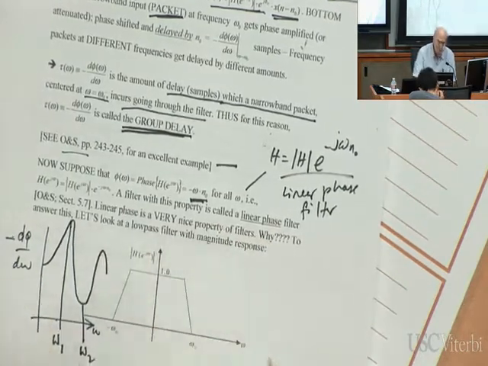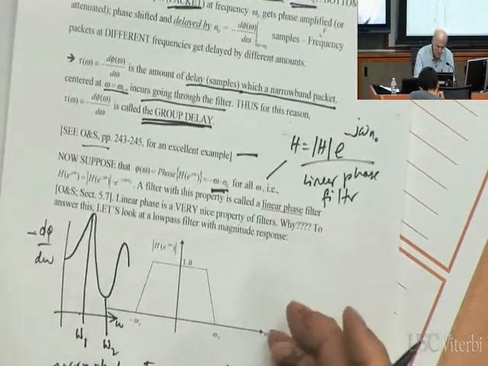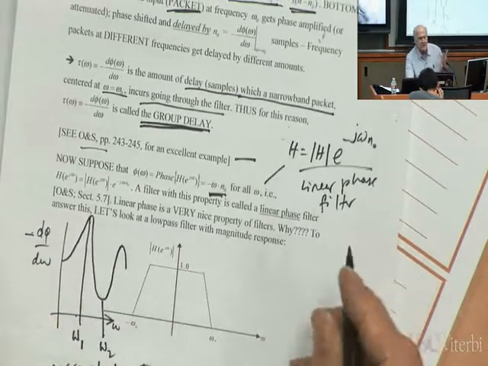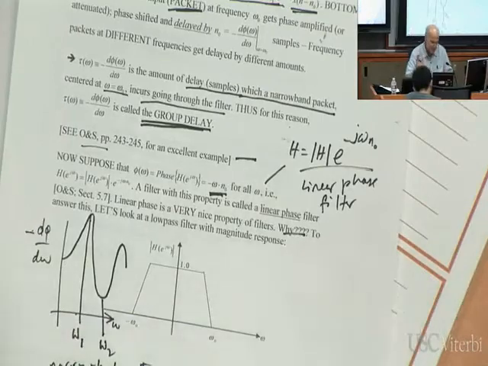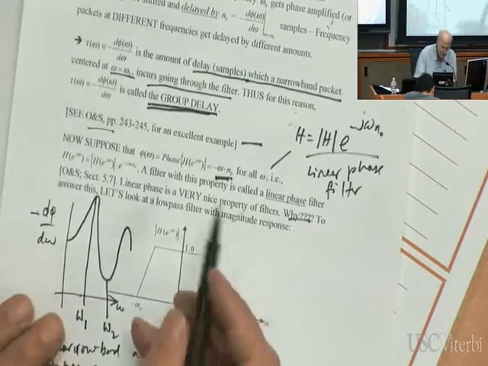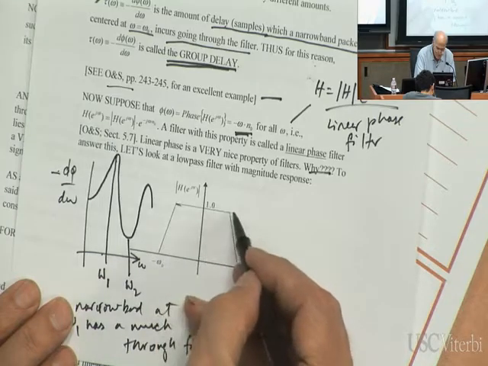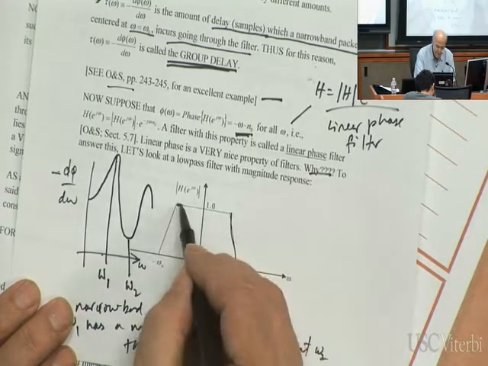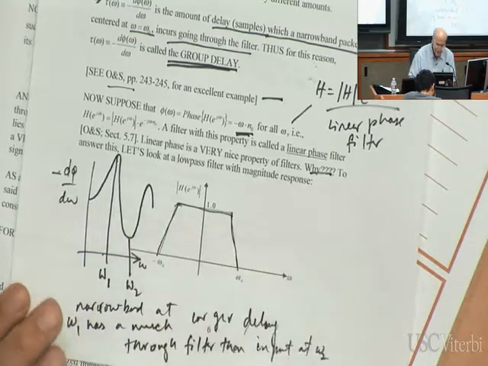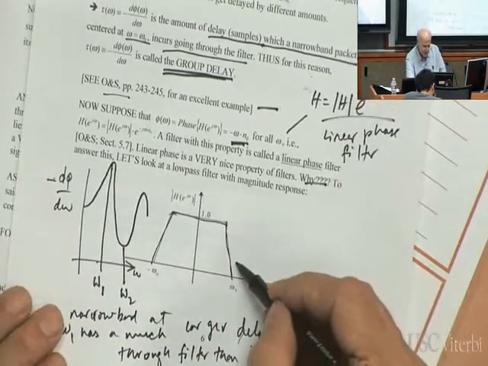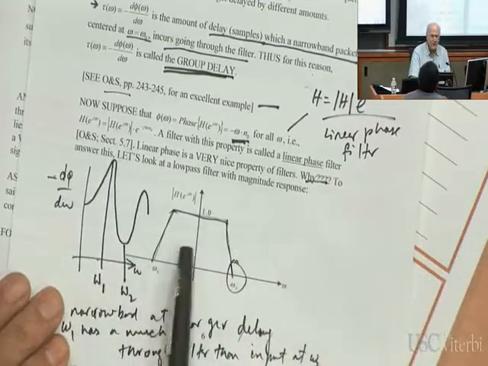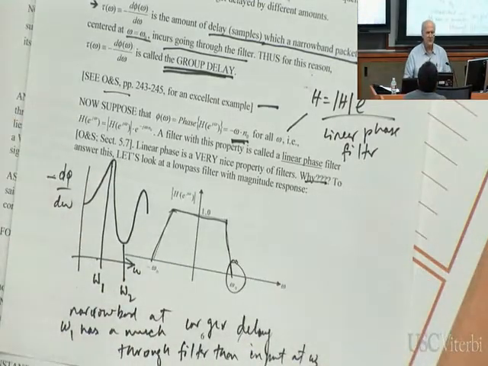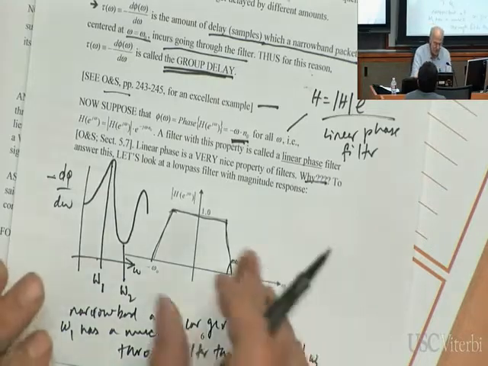Linear phase is a very, very nice property of filters because it eliminates phase distortions. Now, why is that? So you'll see some example. Check this out. Let's suppose we have a low-pass filter, and it looks like this. It has a cutoff frequency at omega naught. Everything below omega naught just passes right through the filter in terms of amplitude.